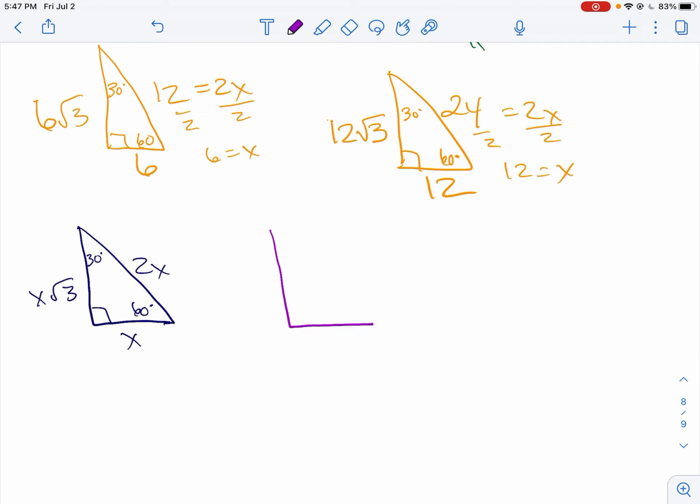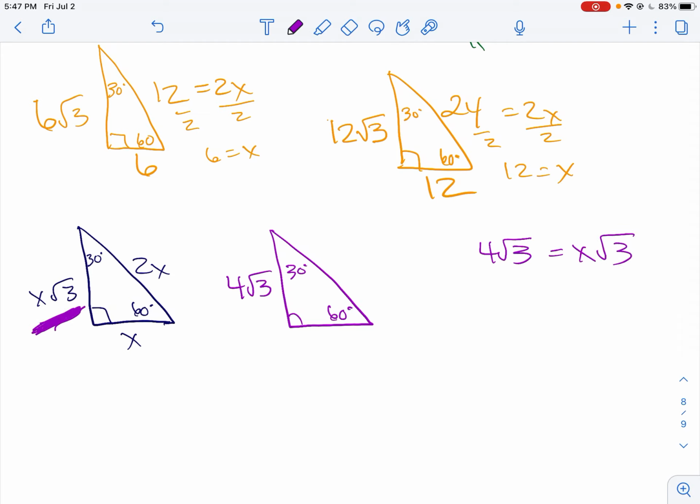Okay, so if I have a 30, 60, 90 triangle, and this time I'm given what that is. So I've been given the side across from the 60. So I have 4 radical 3, and the side across from the 60 is x radical 3.